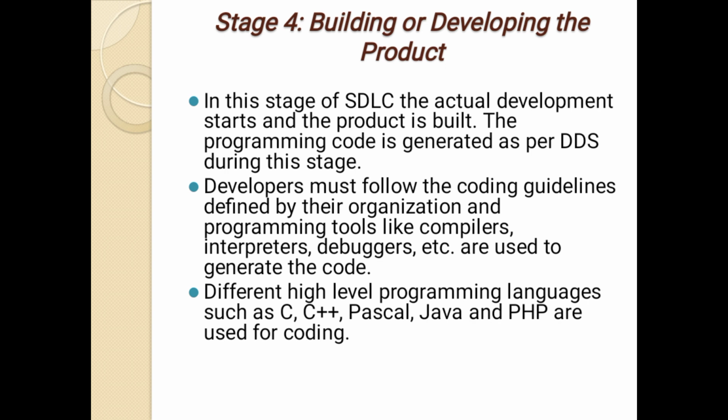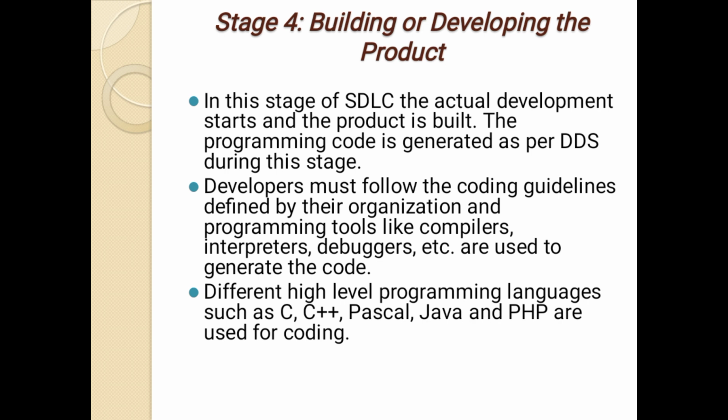And next, stage 4 is building or developing the product. In this stage of SDLC, the actual development starts and the product is built. The programming code is generated as per DDS during this stage. If the design is performed in a detailed and organized manner, code generation can be accomplished without much hassle.